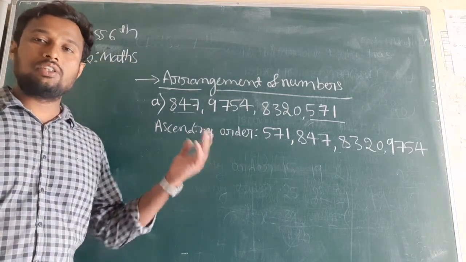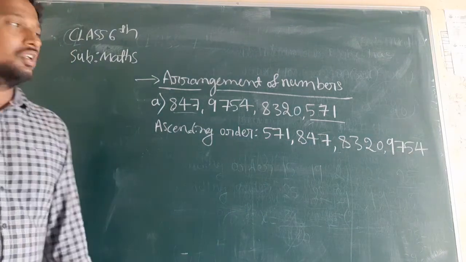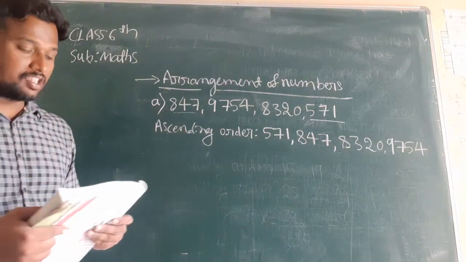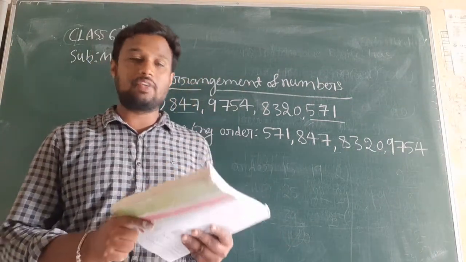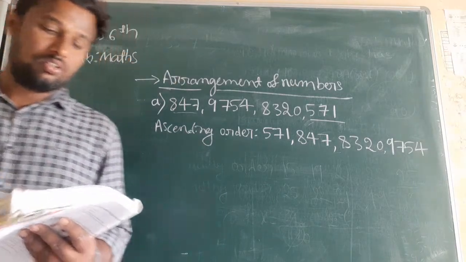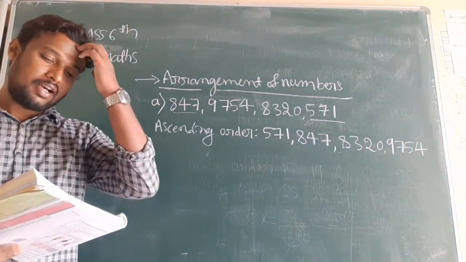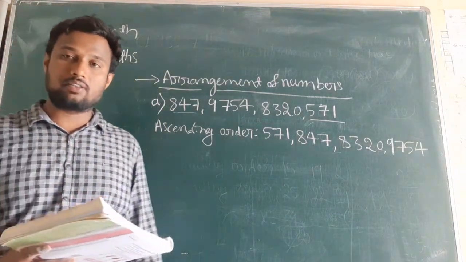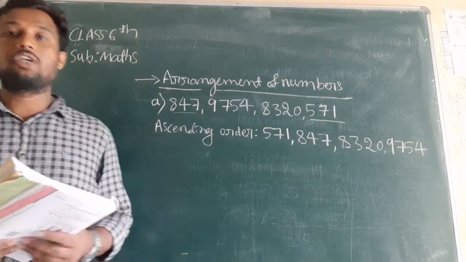What is the definition? Smallest number to greatest number. Like this, some more examples you have to solve in page number 5 of your textbook. In the top corner they have given 'Try this', arrange these numbers in ascending order. So one I solved here, one more problem is there, try to solve that.